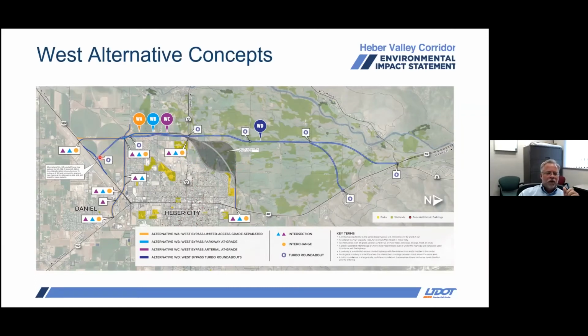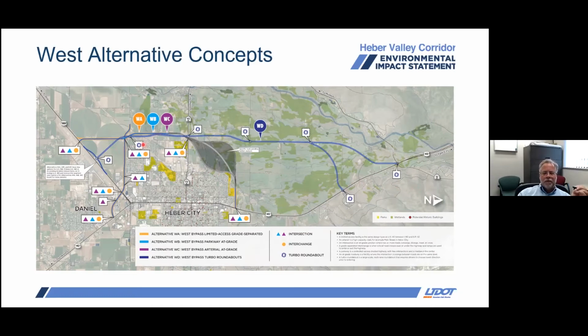Once again, we're showing all 4 of these alternatives on this figure so that we can highlight the differences and the similarities. But I'll be going through each one of these individually in the following slides. Once again, we've oriented this slide with north pointing to the right towards Park City. A few things I'd like to point out here.